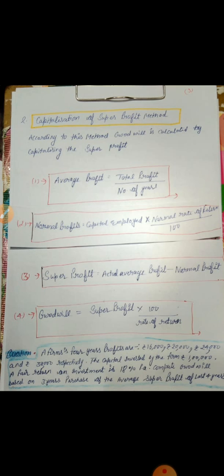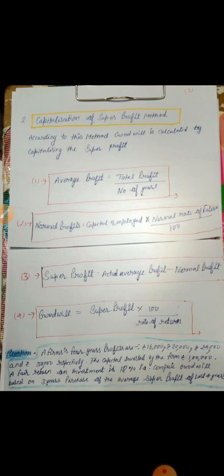The fair rate of return on investment is 18%. This is the normal rate of return, meaning the other firms earn profits at the rate of 18% per annum on their capital employed. Compute the goodwill based on 3 years purchase of average super profit method of last 4 years.